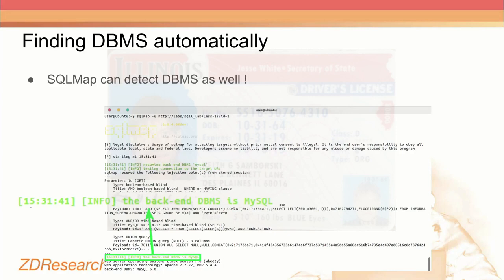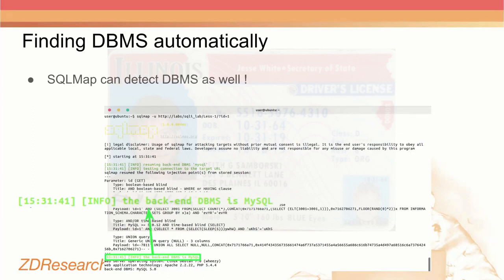There's a green statement at the bottom here that says the backend database is MySQL. So this is saying it for sure. There's no question. If it can't tell it for sure, then it's going to suggest that it's more likely to be MySQL. Do you want to go with MySQL or do you want to change to something else or test for more stuff? So this is the automated detection of SQL Map.